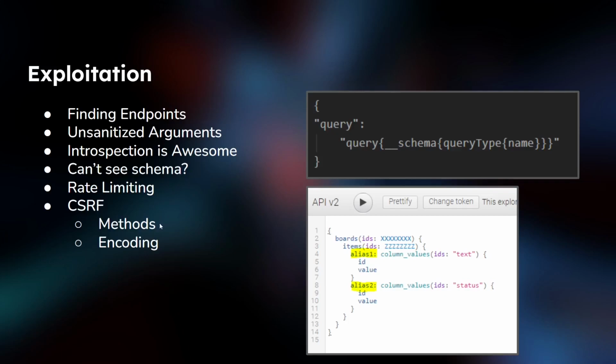But then again, if you see that, you might be able to just change it to a GET and then URL encode the data in the URL parameters, and then you'll be able to get through just fine. So as long as you see something that's meant for one user and there's no protections there, it's worth trying to see if you can basically coax another user into performing an action on your behalf.